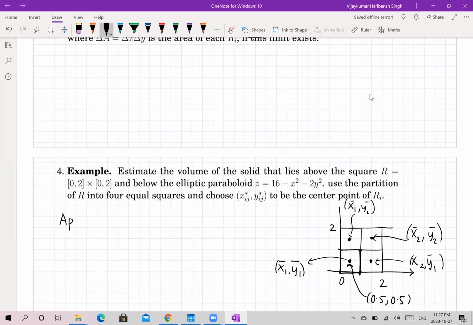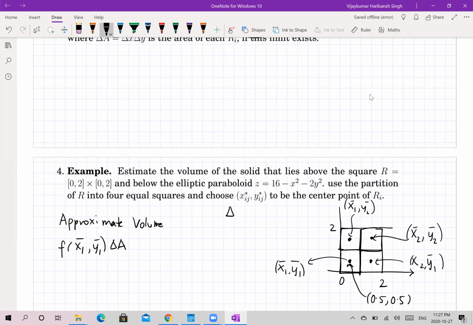So the approximate volume is f of x1 bar, y1 bar, times delta A. Because we are dividing into equal parts, I'm going to use delta A for all of them.